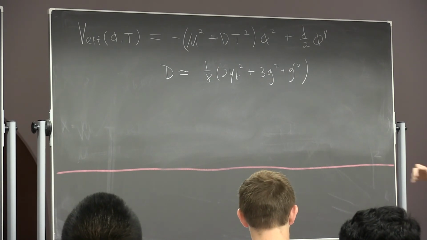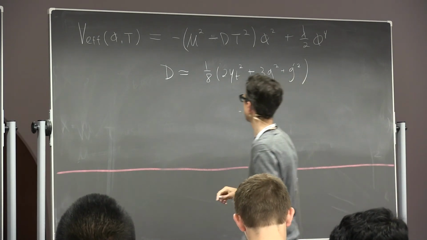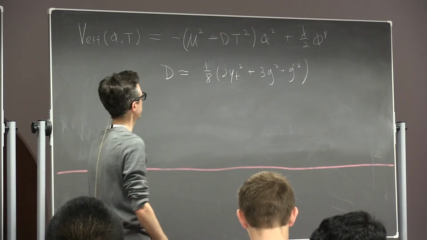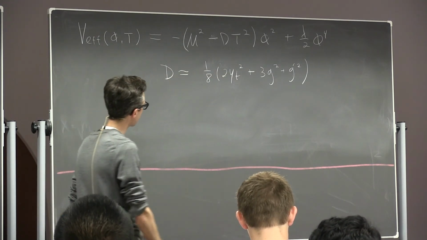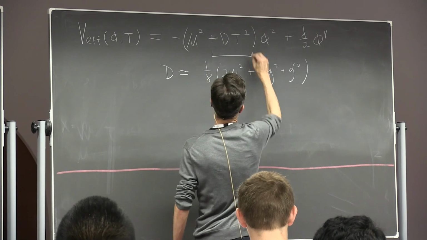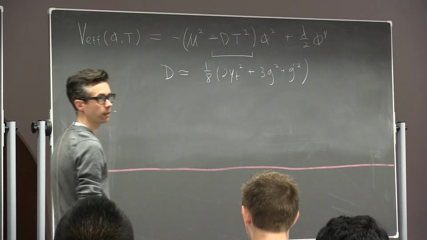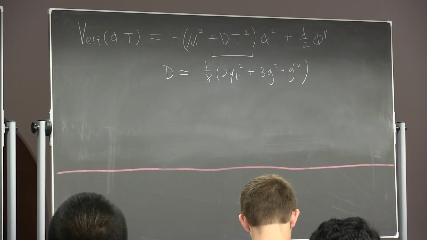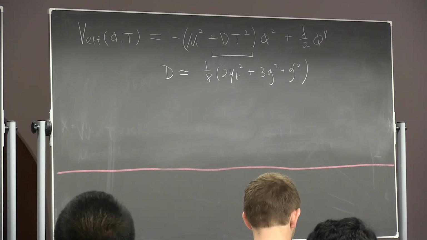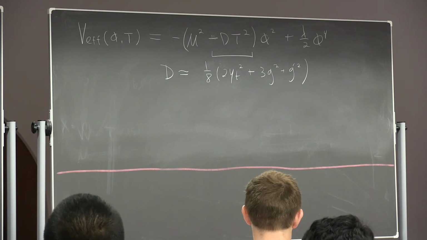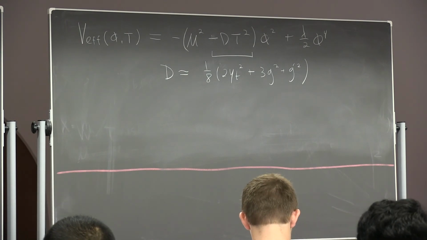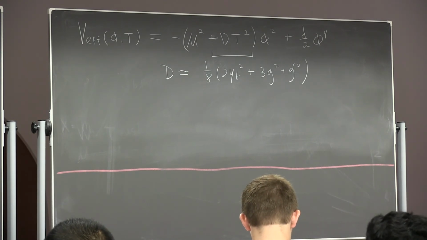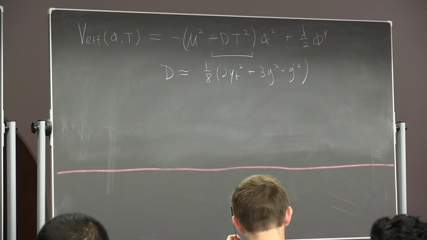You take this stuff, lump it all together, and what you find for the leading correction to the thermal effective potential is this new piece. So this is the leading thermal correction to the Higgs effective potential at very high temperatures, high relative to the masses of the W and the Z and the top at that particular field value. Yes?